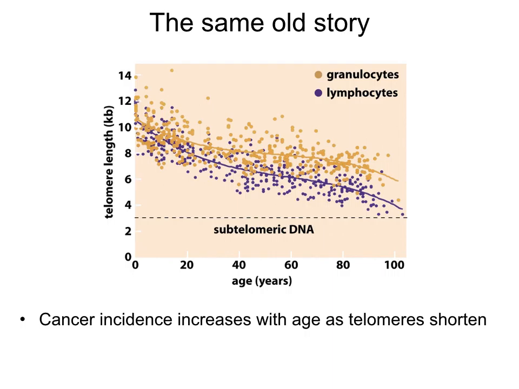So the downside to this is that we have a finite lifespan of a little less than a century. But the good news is, because of these mechanisms, cancers are much more rare than one might otherwise predict if we didn't have these systems.